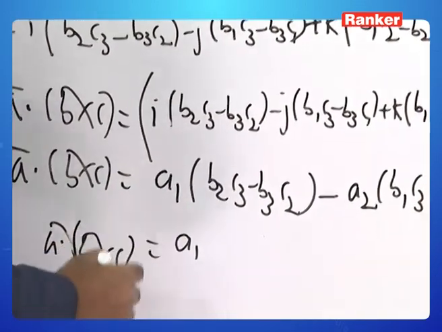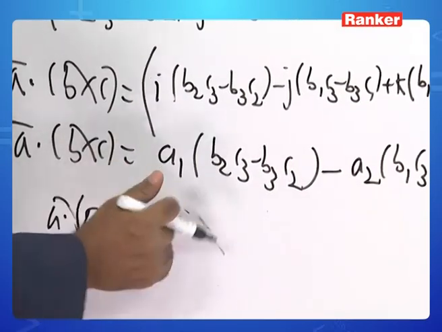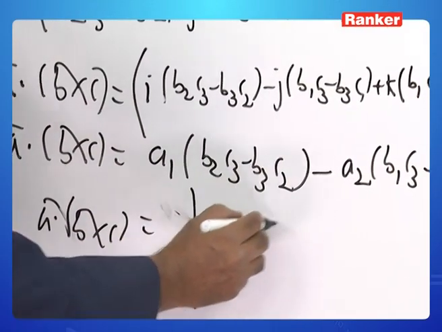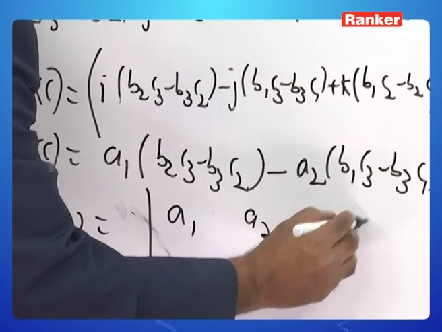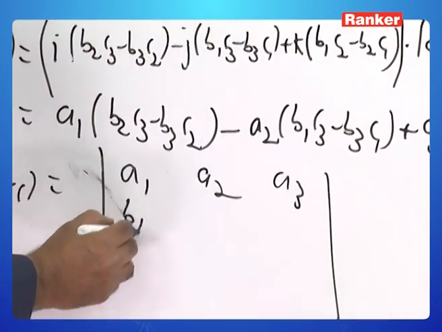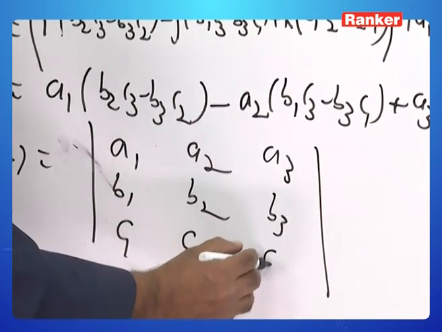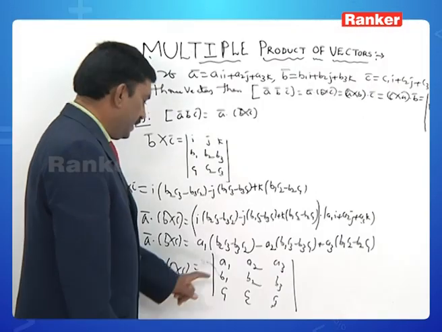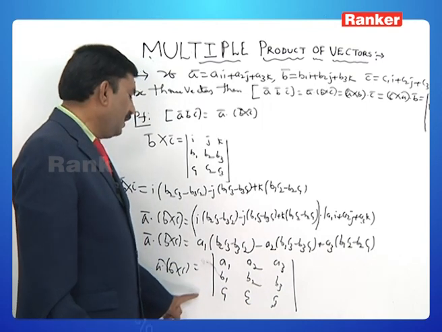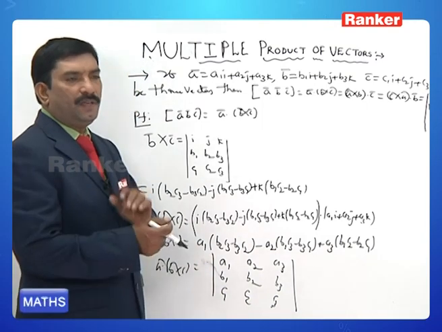I can write this as the determinant of A1, A2, A3, B1, B2, B3, C1, C2, C3. If you expand this determinant, its value is equal to this value only.